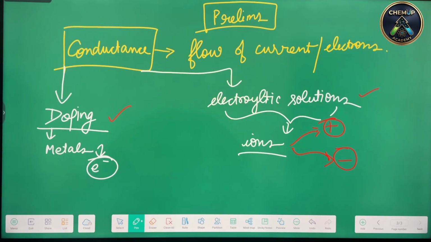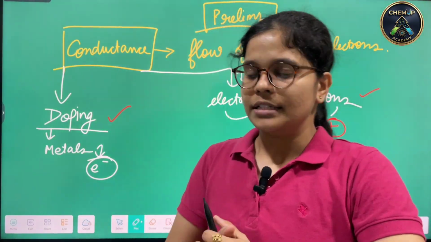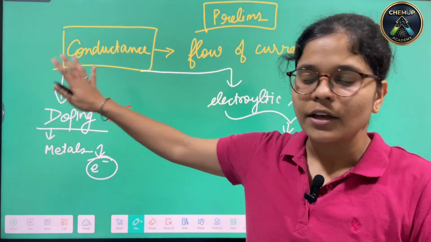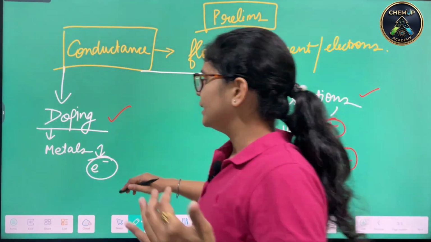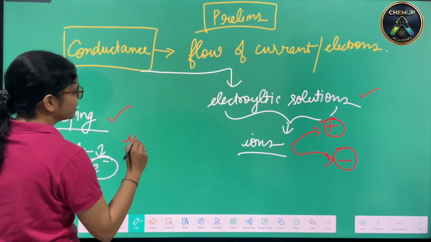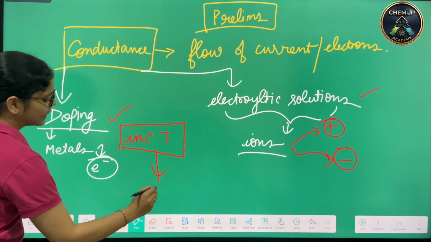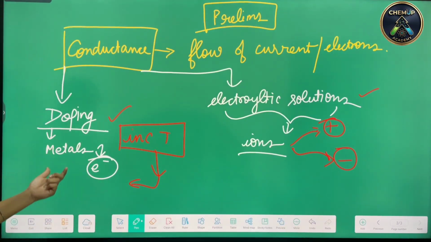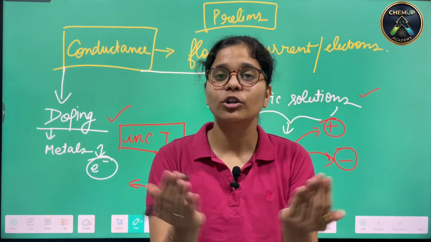Coming on to the effect of temperature, like what if I tend to increase the temperature? Say we have conductance. Now we have a doped material. In that doped material, I am increasing the temperature. On increasing the temperature, electrons are being released and they are allowed to move freely, randomly in that particular space.